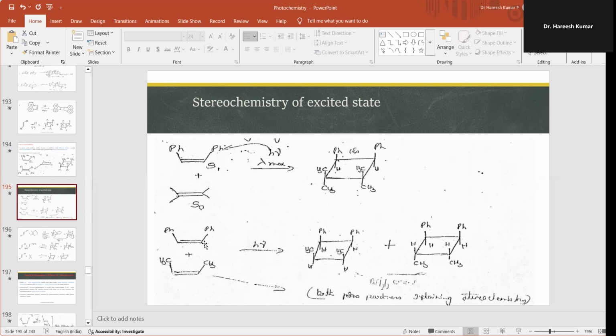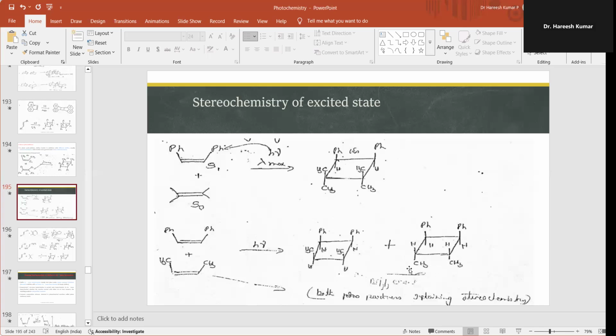And then here I am taking a cis one reacting with a cis one. And here there is a possibility of forming two products. So what are the two products? You can observe that the phenyl groups are on the same side and the methyl groups are on the same side. This is one isomer. Another isomer is if the CH3 groups are down, then it will be another isomer.